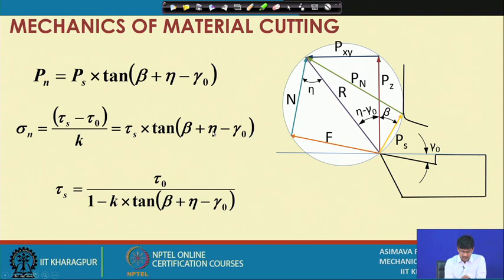If we rearrange the coefficients and find out the value of tau s, because tau s has one component from here and another component from here, then collecting coefficients and expressing tau s as a function of tau o, we get a relation of this type. This is the constant of proportionality between the normal stress and the shear stress on the shear plane.